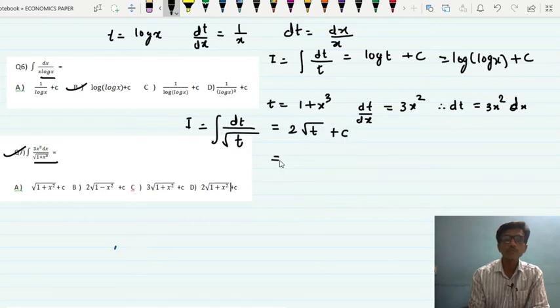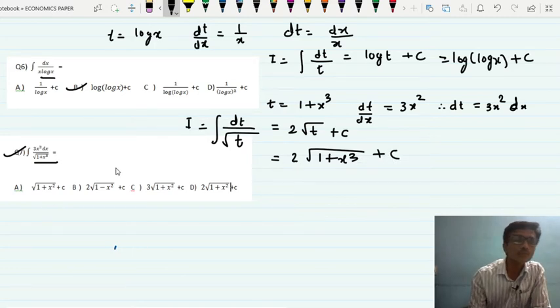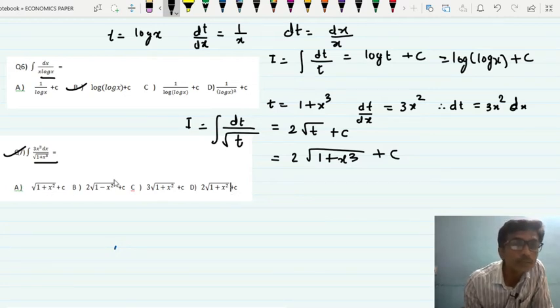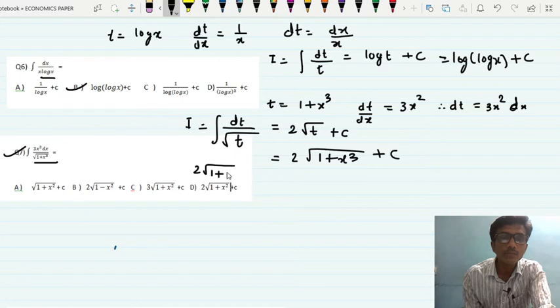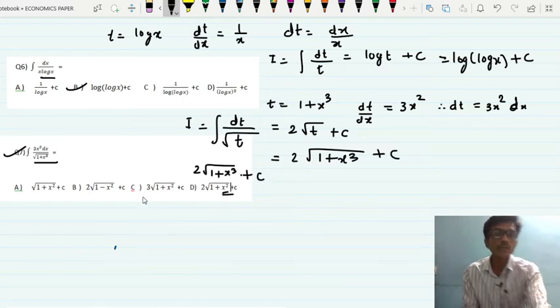T is equal to 1 plus x cube, so 2 root of 1 plus x cube plus c will be the option. Actually there is a mistake, so D option you can write here 1 plus x cube plus c. Here we will make the correction.